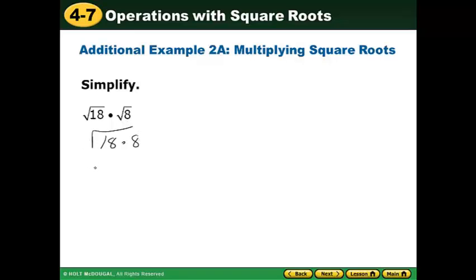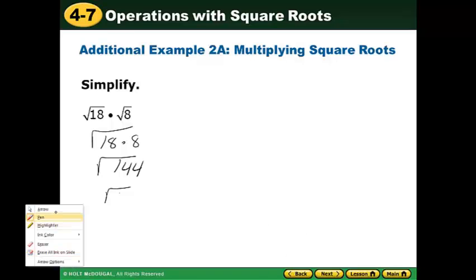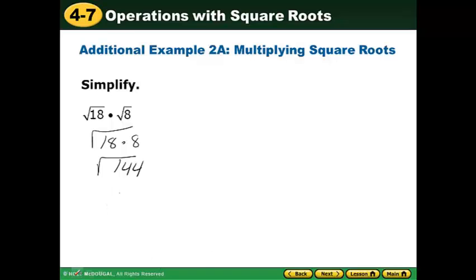So that'll give us square root of 144. And of course, we all know square root of 144 is 12. Very easy, right? A caveman can do it.